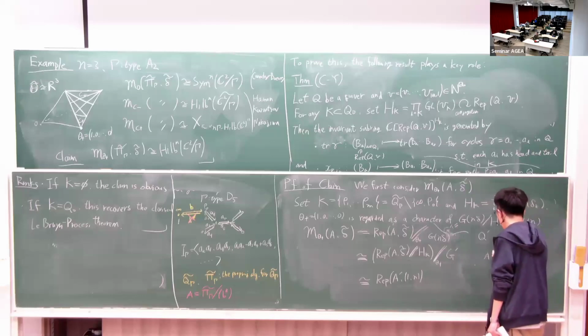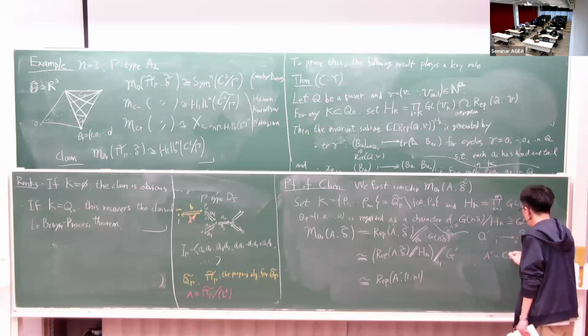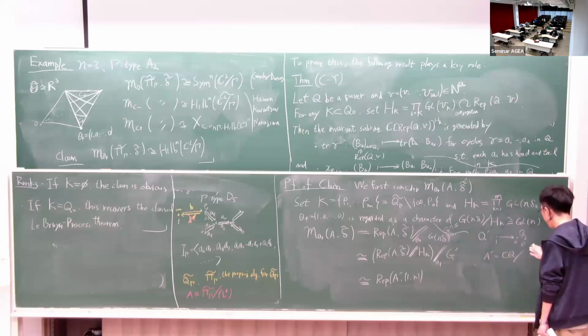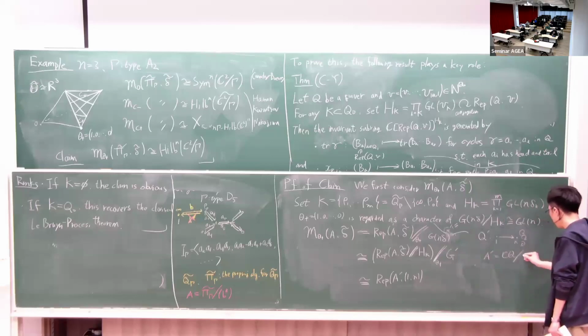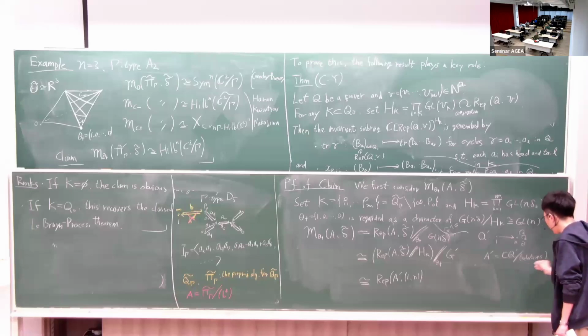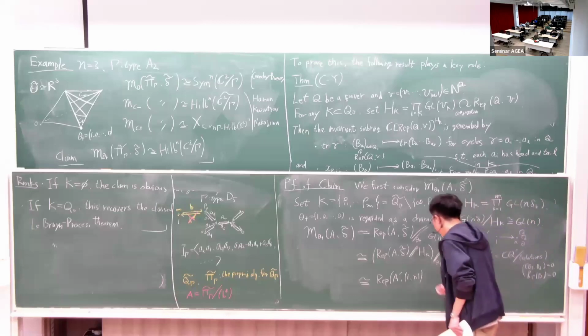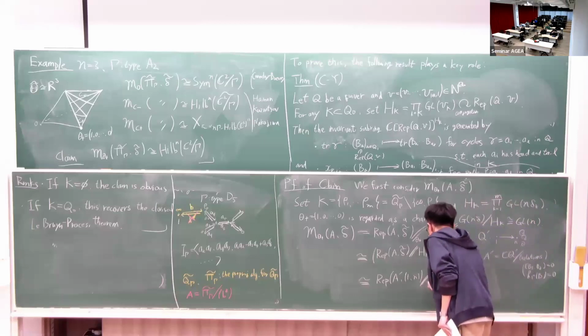And A prime is the quotient of the path algebra modulo the relations. More precisely, these relations are the commutator relations and the ones generated by these two relations. And the stability is theta plus.